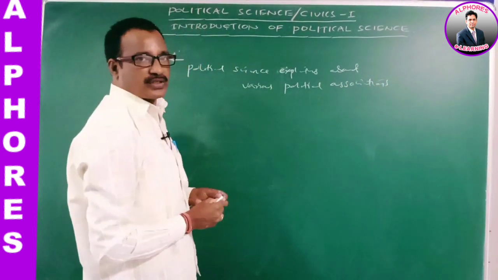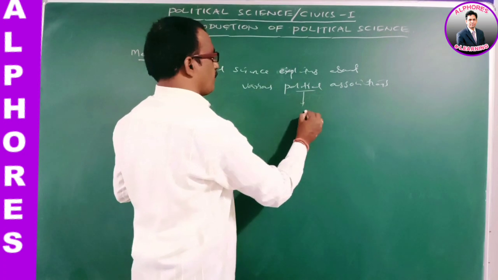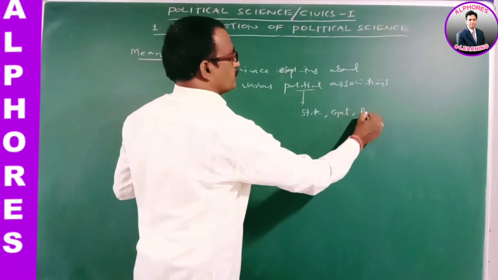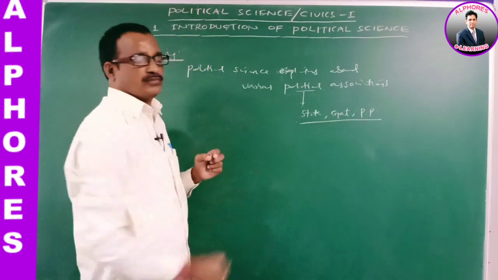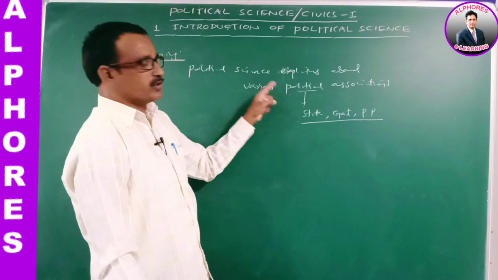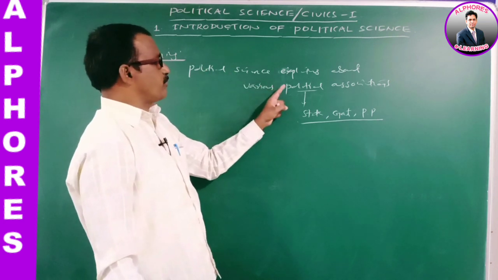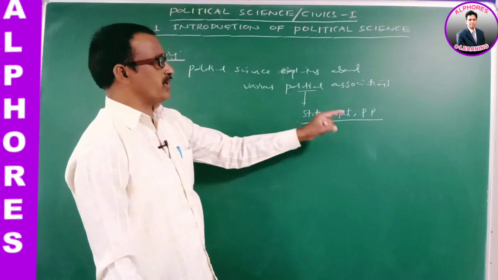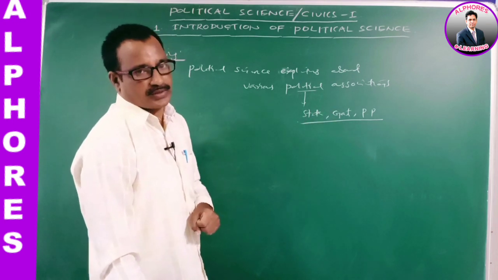So what are the political associations? Here, state, government and political parties. These are the important political associations. So political science explains about various political associations like state, government and political parties.